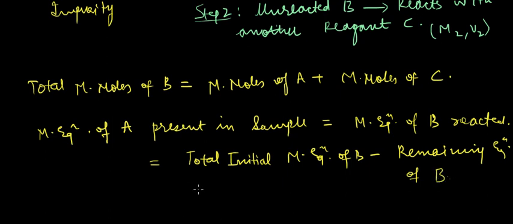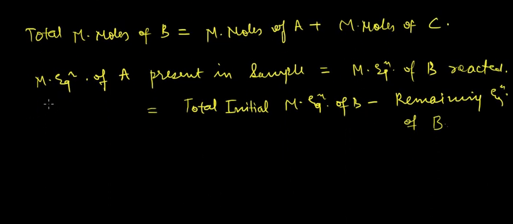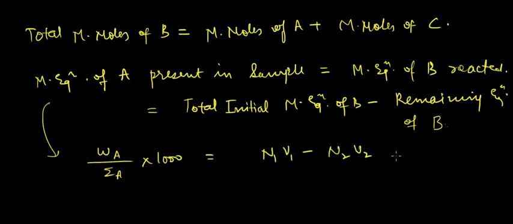In other terms, milliequivalents of A can be written as weight of A in the mixture divided by equivalent weight of A into 1000. That should be equal to N1V1 minus N2V2.